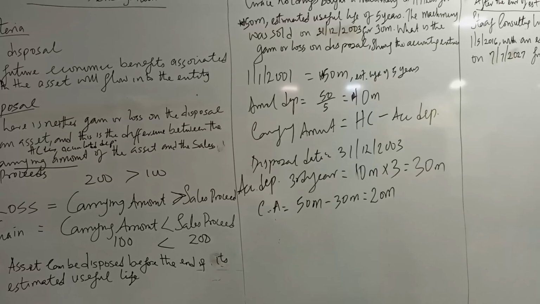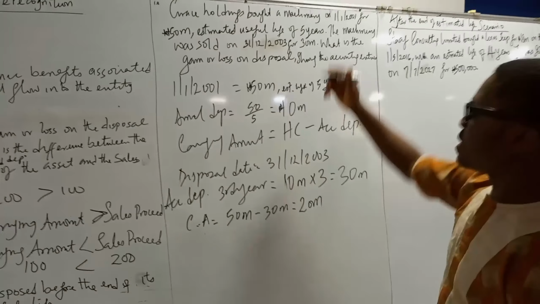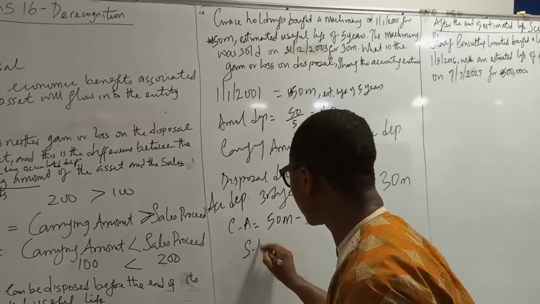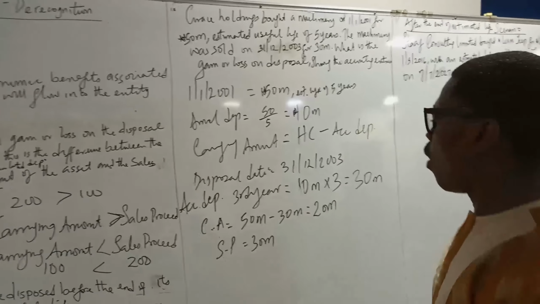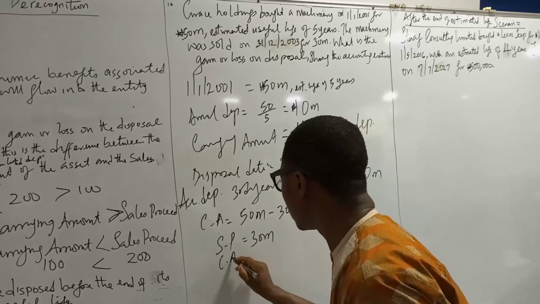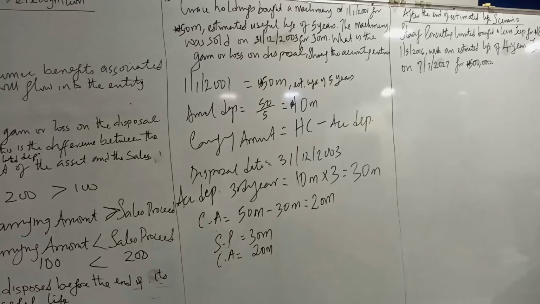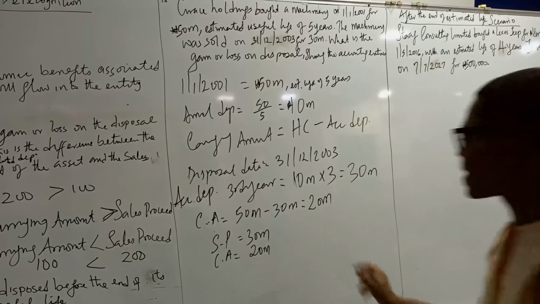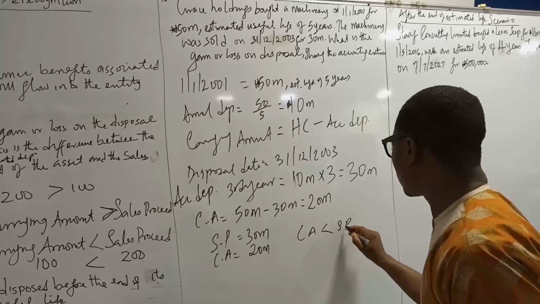We now find the difference between the carrying amount and the sales proceed. Sales proceed is 30 million naira, while the carrying amount is 20 million naira. Looking at this, we can see that our carrying amount is less than our sales proceed.